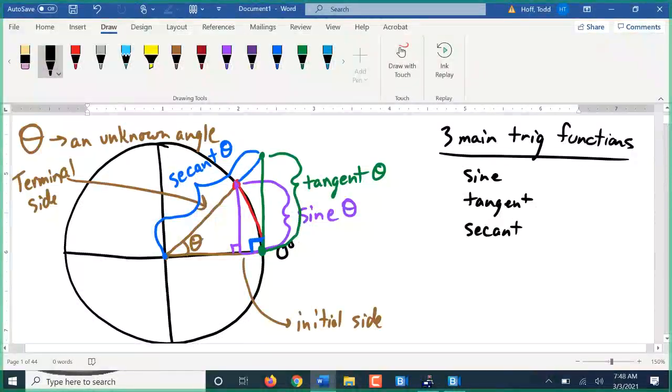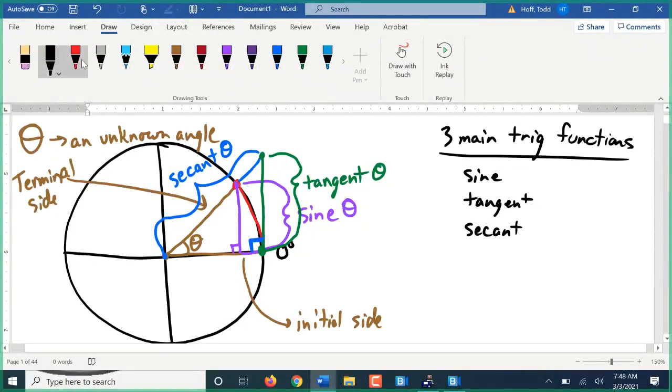We might be asking, where's cosine? We will learn sine, tangent, and cosine, not secant. Well, there is a strong relationship between secant and cosine that we'll see in a few minutes. But technically, secant is the third main trig function.